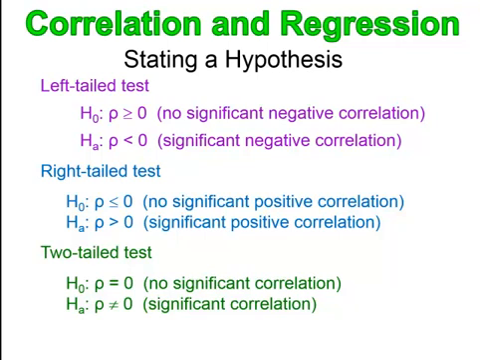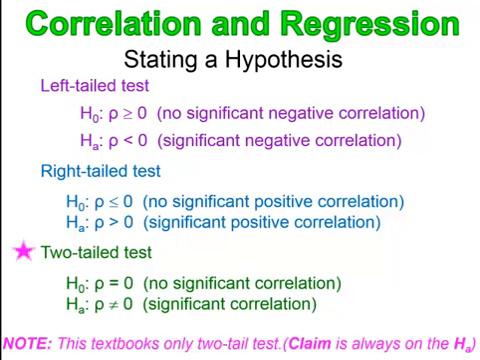We can state that there's a significant correlation if, when we do our testing, our null hypothesis is rejected. With this particular textbook, we are only going to have the two-tail tests, and our claim will always be on the alternative. So we're always testing to see if there's significant correlation.